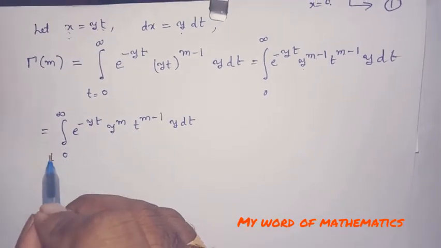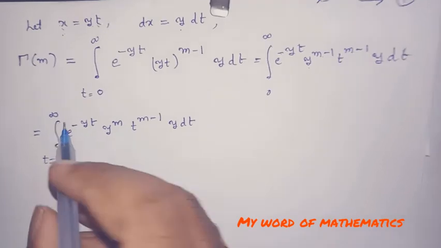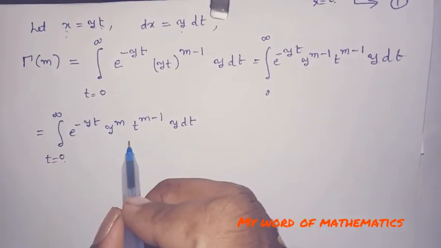Here since t is moving from 0 to infinity, other than t, the remaining are all constants.